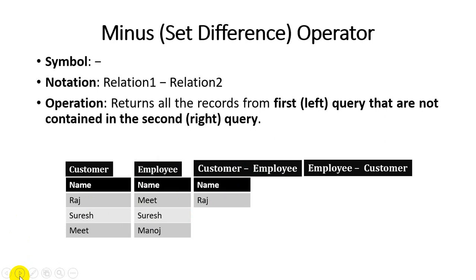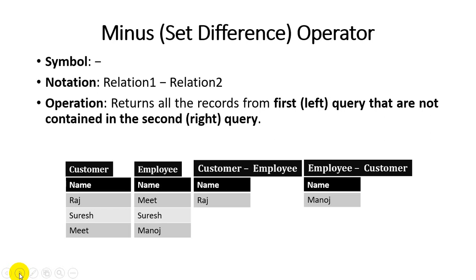If we change the sequence of the relations, the output will be different. If customer minus employee provides Raj, then with employee minus customer, Meet is common, Suresh is common, but Manoj is available in the employee table but not in the customer table.